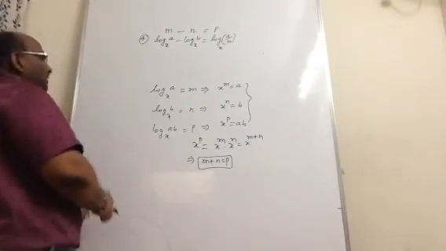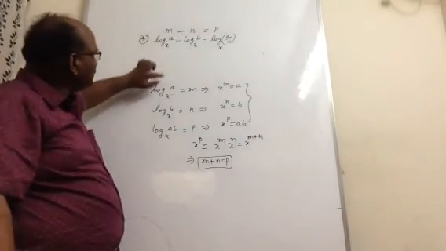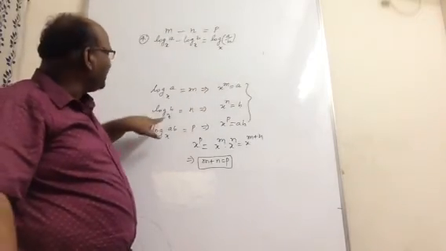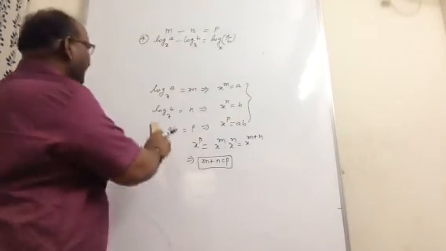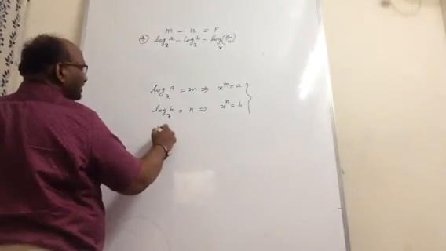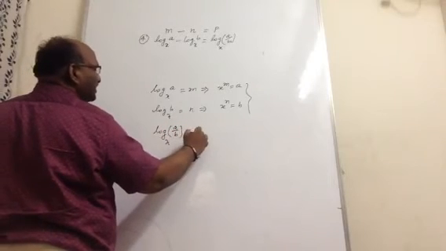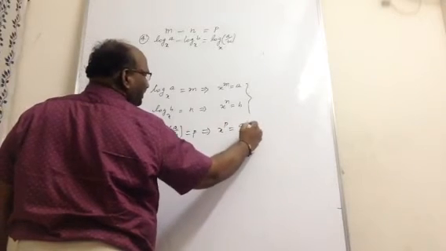What you have to prove is m minus n is p. Assume log a to the base x as m, by definition x power m is a. Assume log b to the base x as n, x power n is b. Assume log a by b to the base x as p. x power p is equal to a by b.